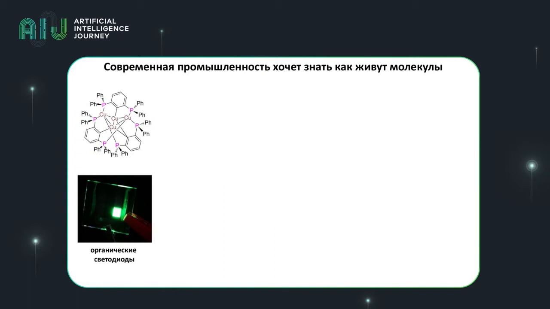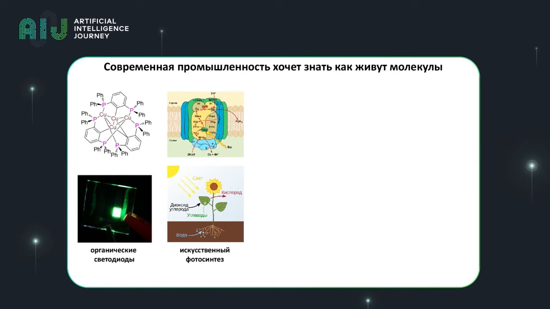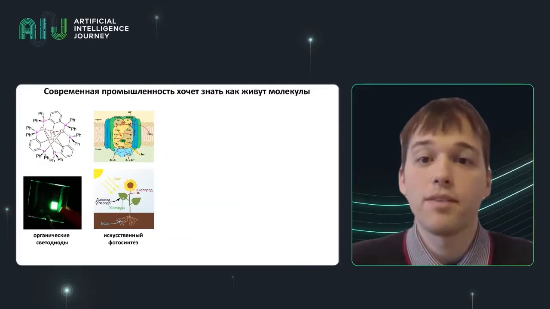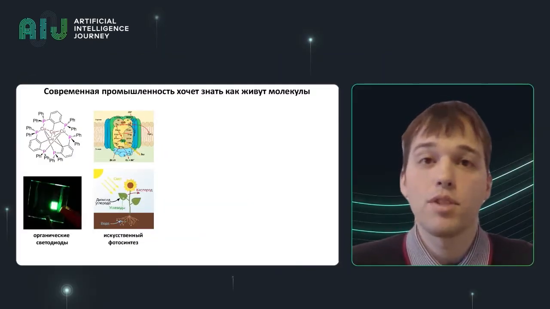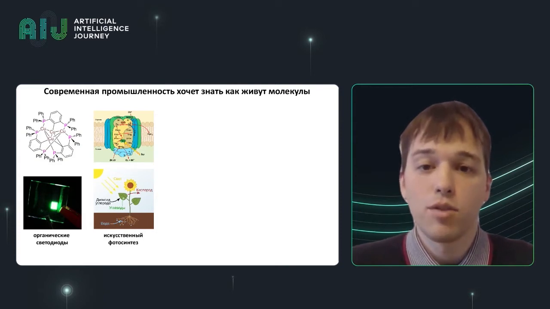The science wants to know how the molecule moves. We need not only to know its structure, but how it changes during chemical reactions. For example, new screens, flexible screens, are created using organic LEDs. Those are molecules that can change their properties depending on the external conditions.